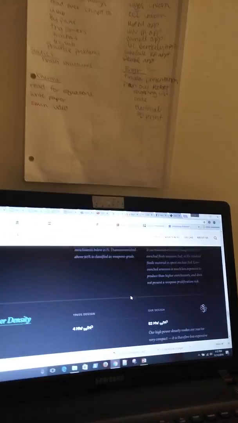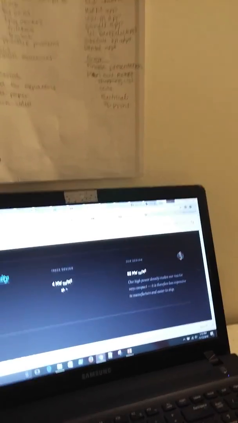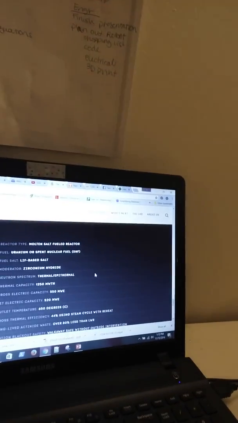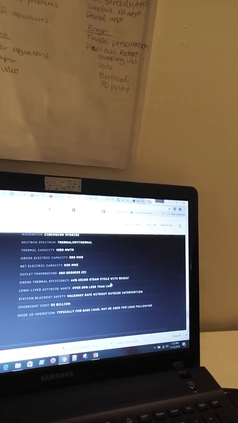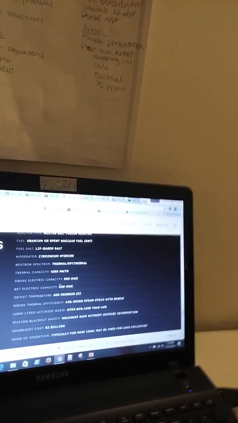Looking up those 2. Power density is really interesting to me. I feel like that's going to help me understand the cycle a little bit. And then these commercial plant details comparison will be interesting. Net electricity capacity. So there's some numbers here that are given that might help me pick apart the schematic and understand it a little bit better.